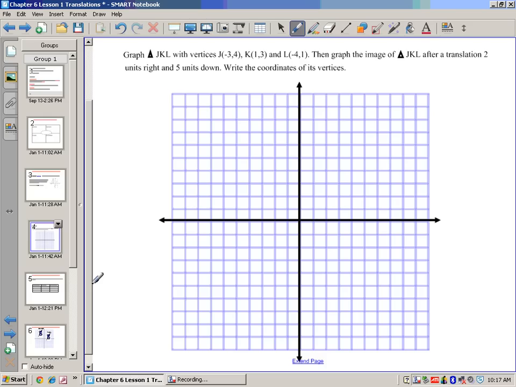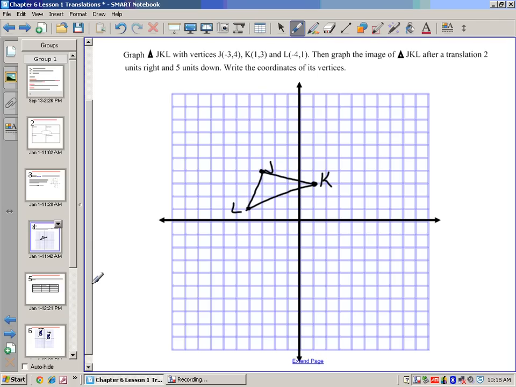There is J. K is 1, 3. We go 1 to the right, up 3. There is our K. And L wants us to go negative 4, 1. There is our L. Connect the dots. Make our pre-image.